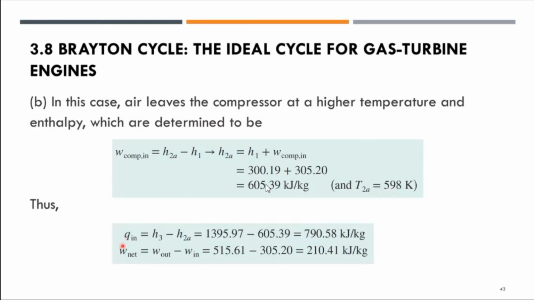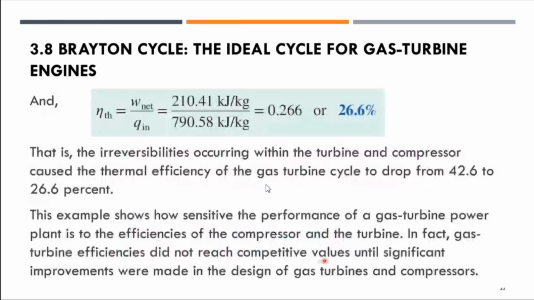Okay? So that leads us to the value for the Q in, the heat being added into the system, and the work done for the system, W out minus W in. Right. So then we can get the thermal efficiency to become 26.6%.